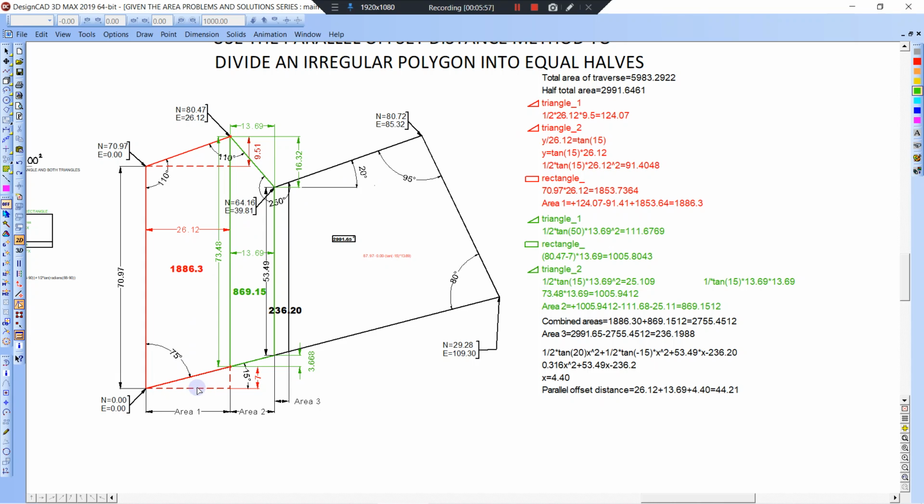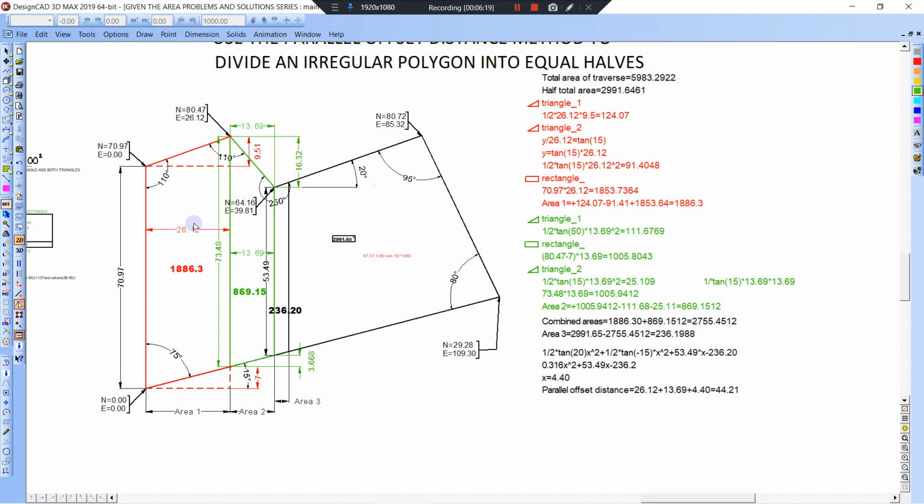Over here, we know that this is 15 degrees, so we have to do a little bit of trickery, the substitution. Tangent of 15 is y over x, and then we can solve for y: y becomes tangent of 15 times x.